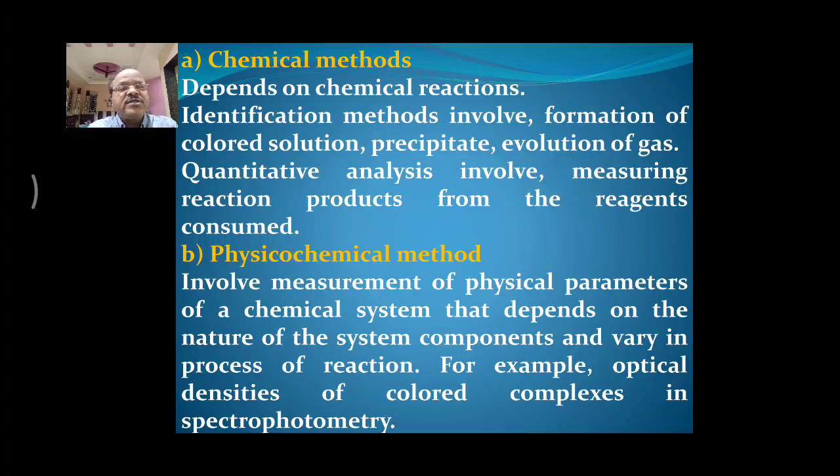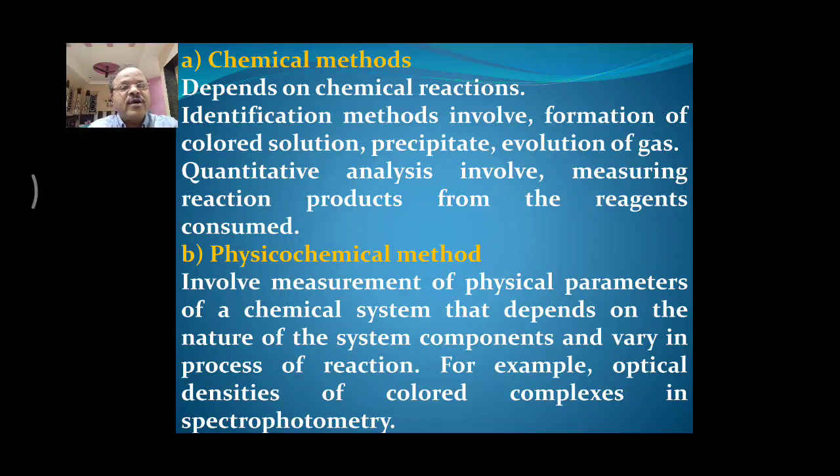It involves measurement of physical parameters of a chemical system that depends on the nature of the system components and varies in the process of reaction. Slightly it is difficult to understand what is the meaning of this physicochemical method.